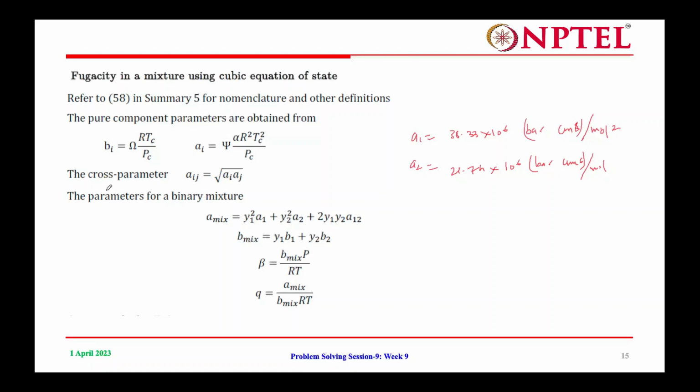Now calculate the cross parameters. So A12 is the square root of A1 into A2, 28.86 into 10 to the power 6 bar centimeter square mole square, right?